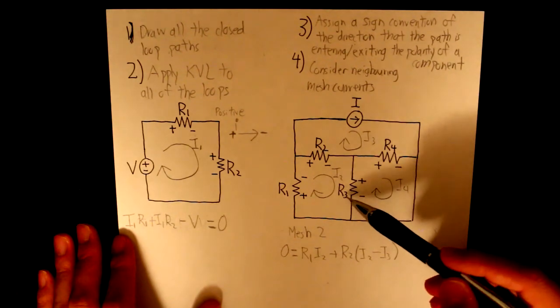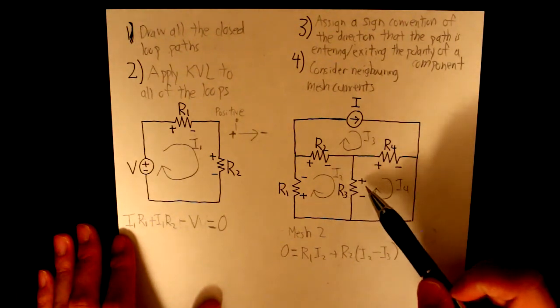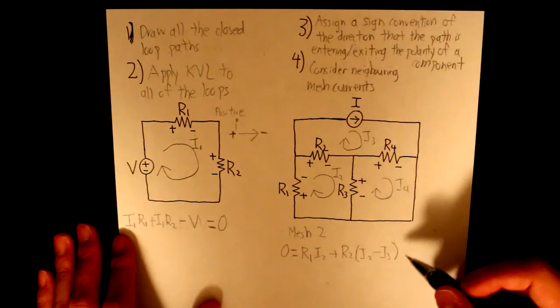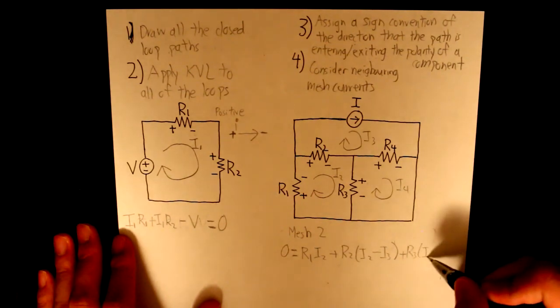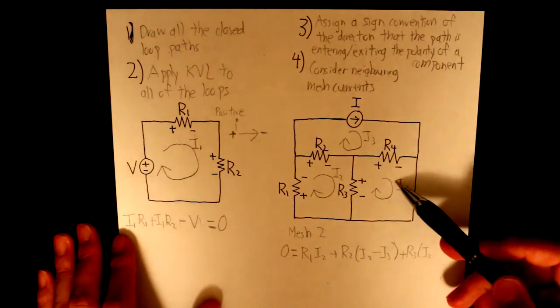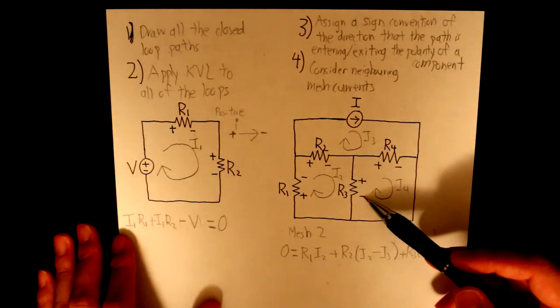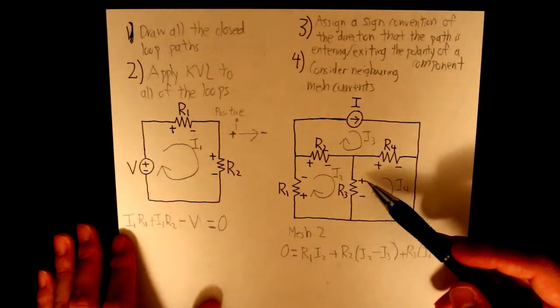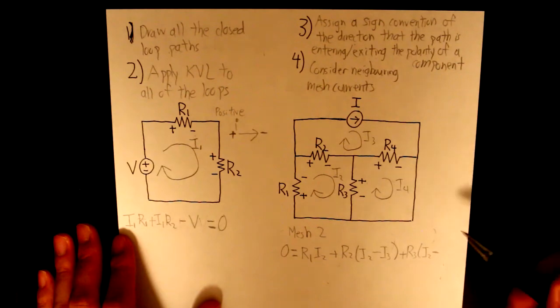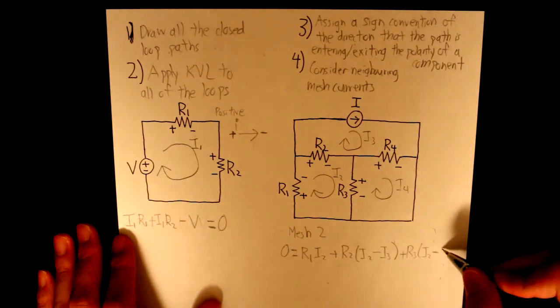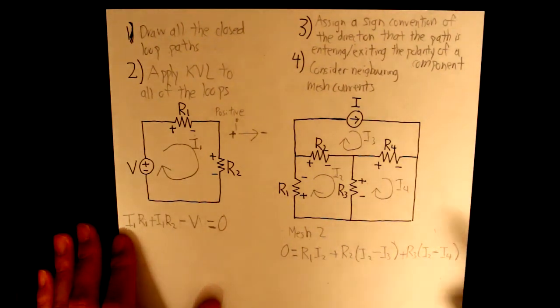Moving on to R3, I2 passes through from positive to negative, so we have a positive here. And then I4 is going from minus to plus, so that would have a negative sign convention, minus I4. And there's our mesh 2 equation.